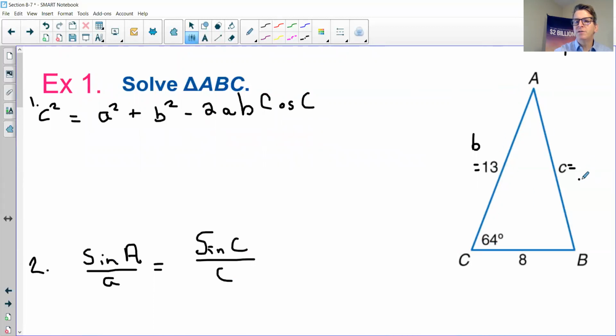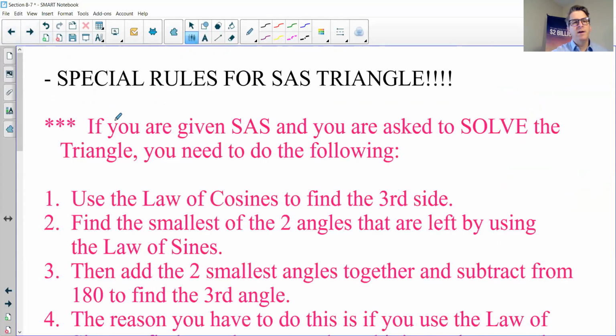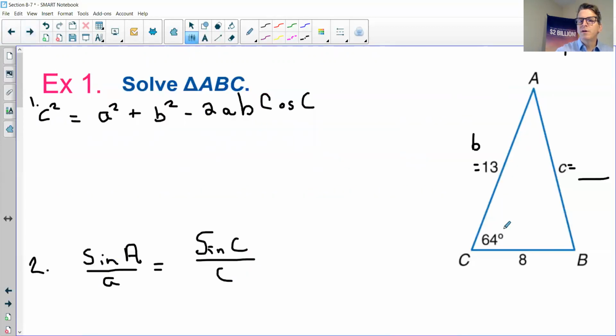We do not know c, and we only know angle C, which is 64. So we're going to try to find this side c. Remember from the previous slide, use the law of cosines to find the third side.